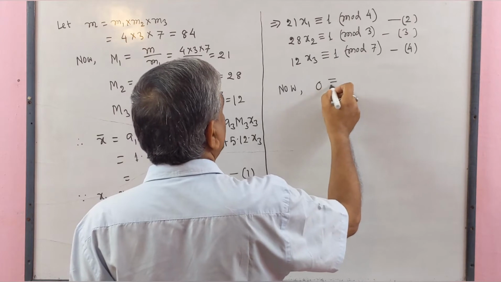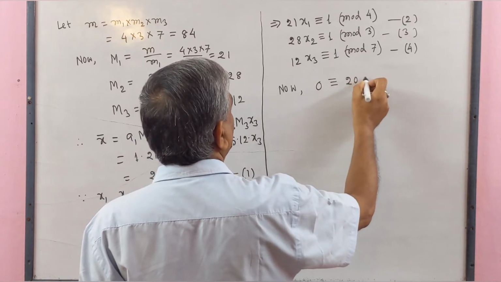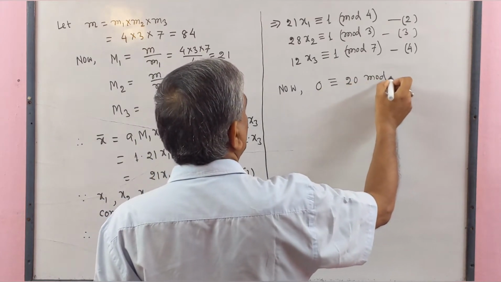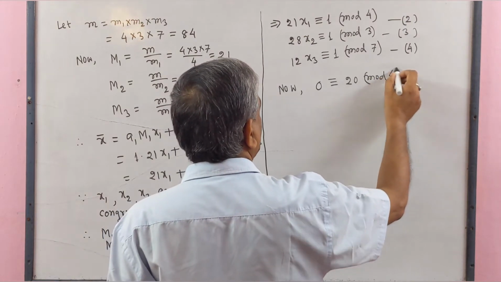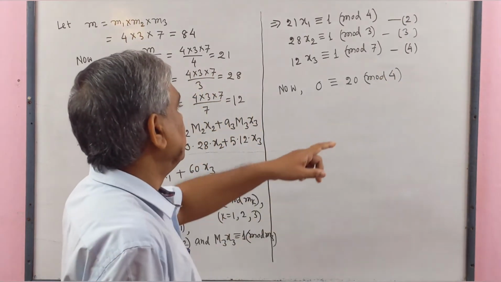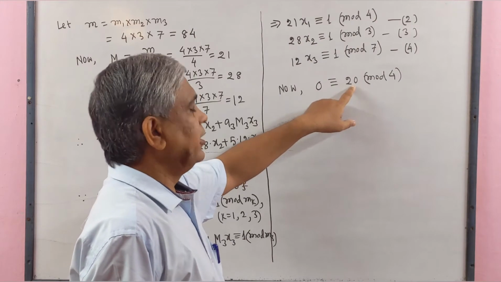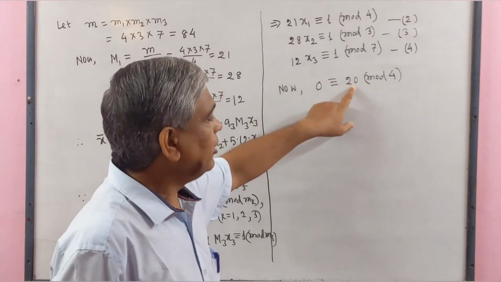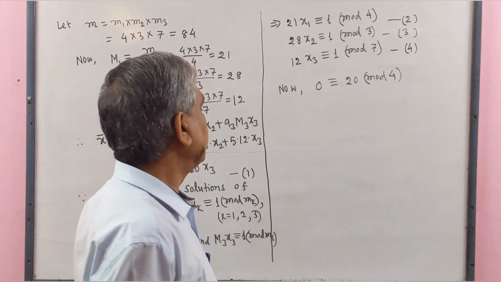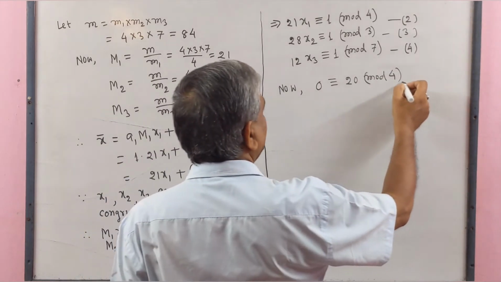Now, 0 congruent to 20 modulo 4, because 0 minus 20 equal to minus 20, which is divisible by 4. Let this is number 5.